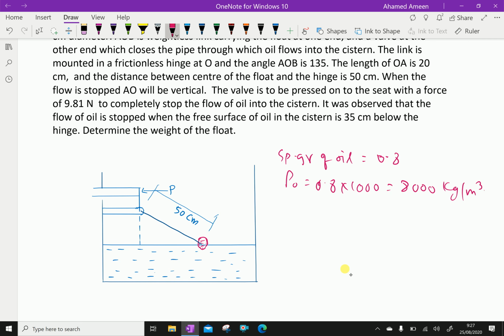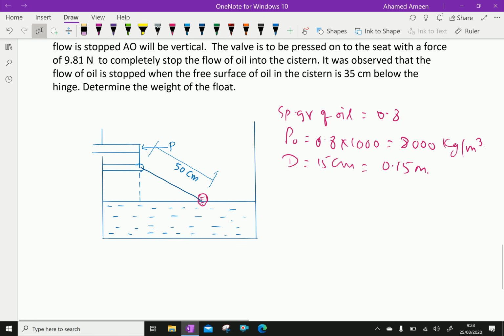Diameter of the float equal 15 centimeter. This float is here, 15 centimeter, which is equal 0.15 meter. Angle AOB, here let the point A is here, OB, angle AOB is 135, that is here.